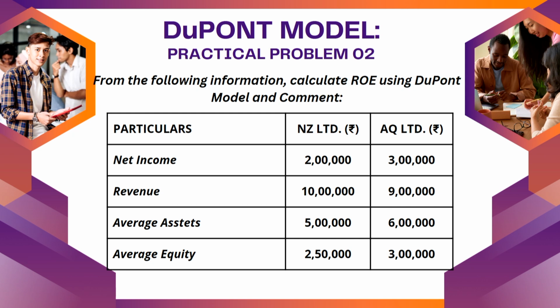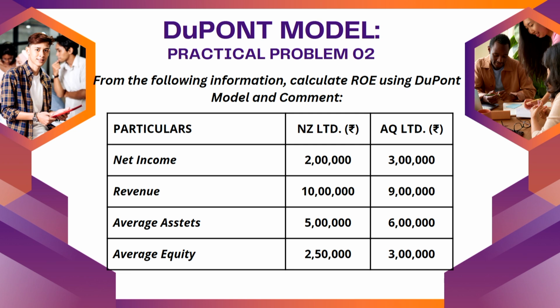Now solving the second problem related to the same model, in which we have the information provided for two different companies. One is NZ Limited, another is AQ Limited. Again we are provided with the net income, revenue, average assets and the average equity.